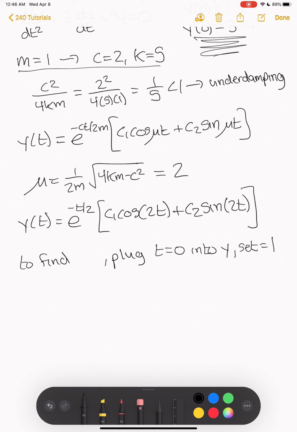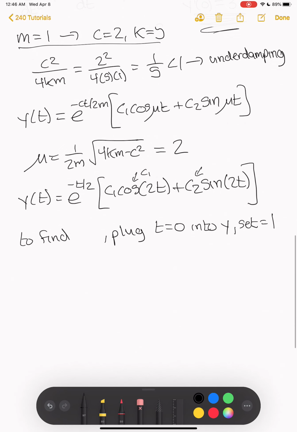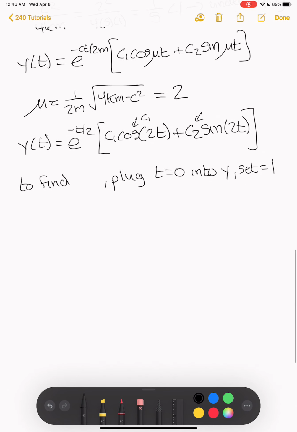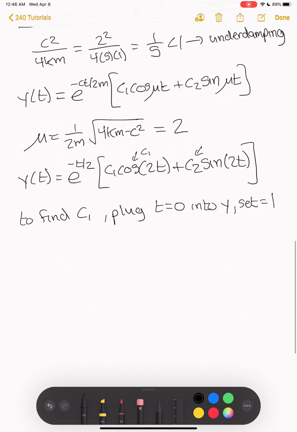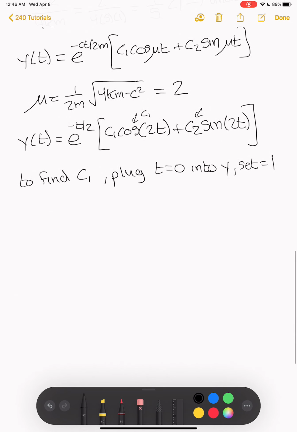Well, cosine of 0 is 1, so this becomes just c1. And then sine of 0 is 0, so the c2 is nowhere to be found when you plug t equals 0 in there. So c2 vanishes. You can't solve for it in this particular case. So here you're going to find c1 by plugging t equals 0 in. But you have to find c2 as well.